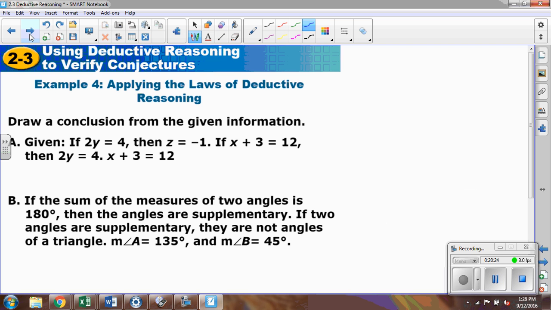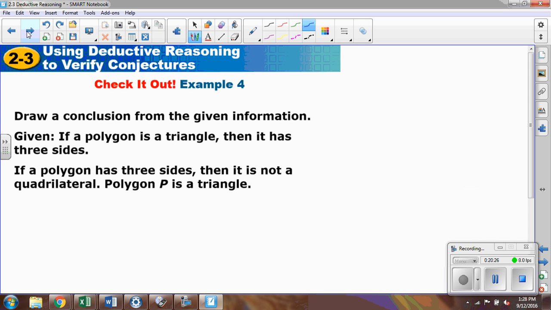And then here is our last example. Actually apply the law of syllogism and come up with a conclusion. Here's something that we are given, so a given means we know that this is true. If a polygon is a triangle, then it will have 3 sides.